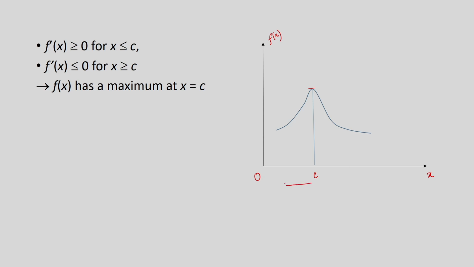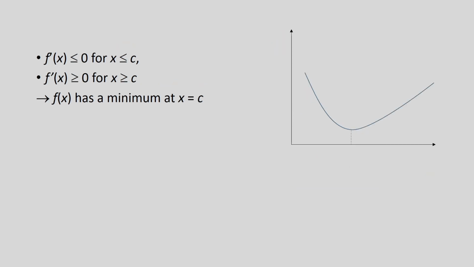If you take points to the left of c, this is satisfied, f dash of x is greater than or equal to 0. In this case actually it is strictly greater than 0. If you are taking points to the right of c, then f dash of x is less than or equal to 0. In that case we are getting a maximum at x is equal to c. So, this could be one way to find out the maximum.